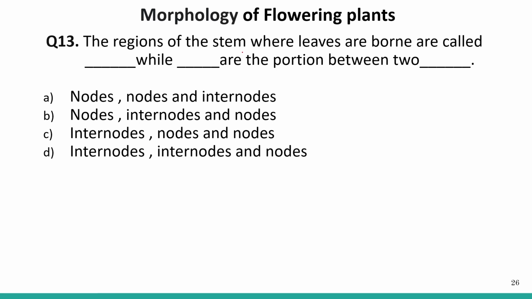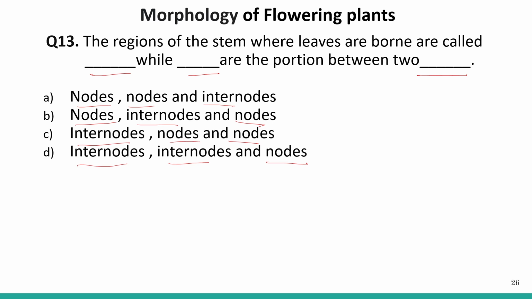Okay, the next question. The region of the stem where the leaves are borne is called dash, while the dash are the portion between the two dash. So the distractors are nodes, nodes and internodes; nodes, internodes and nodes; internodes, nodes and nodes; internodes, internodes and nodes. So very confusing.